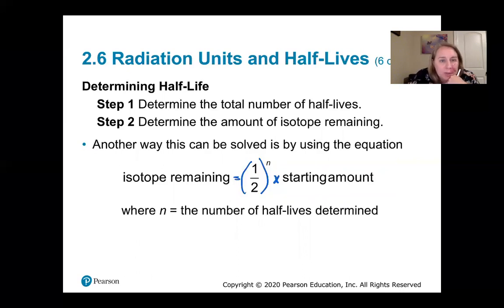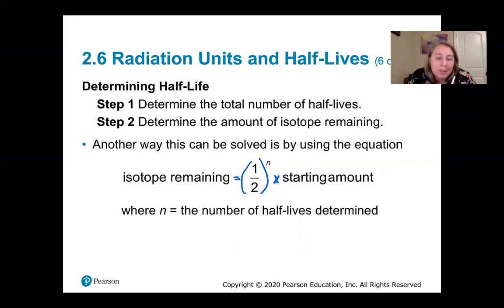To determine the remaining amount, we're going to do some examples, but first you want to determine the total number of half-lives passing in whatever given time. Like if somebody asks you, in 30 hours, how much of this is left? Well, 30 hours is how many half-lives? You have to figure that out first. Then you can determine the amount of isotope remaining.